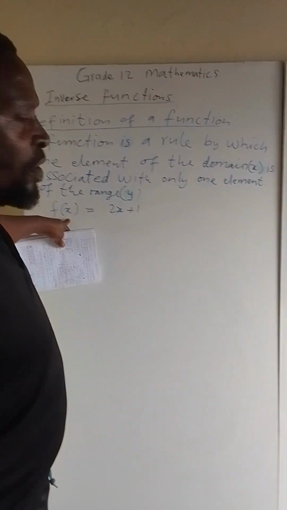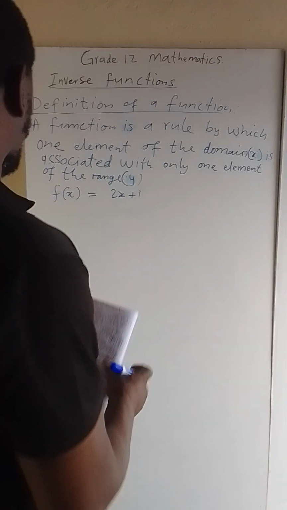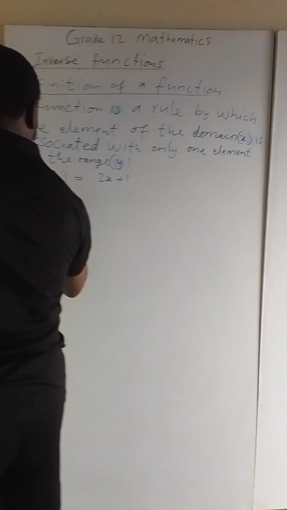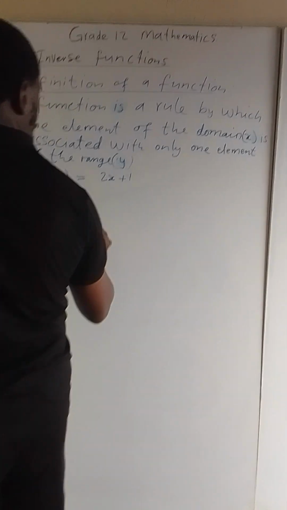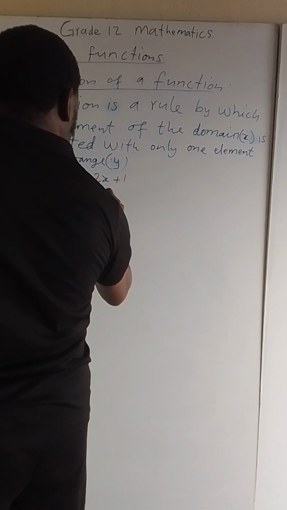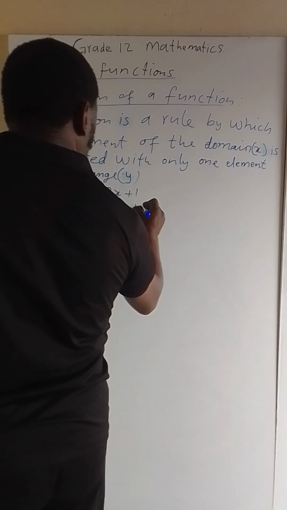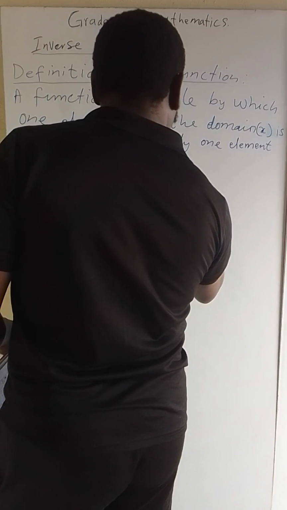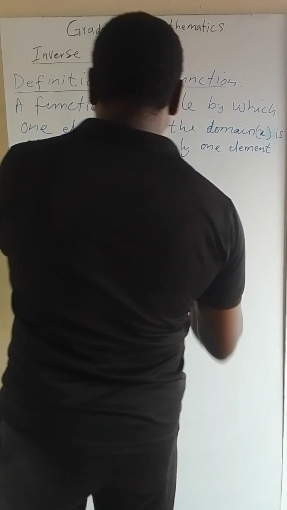For every element of x here, we're going to get a y. Let's say x is equal to 1. f(1) equals 2 multiplied by 1 plus 1, which is 2 plus 1, which is 3.